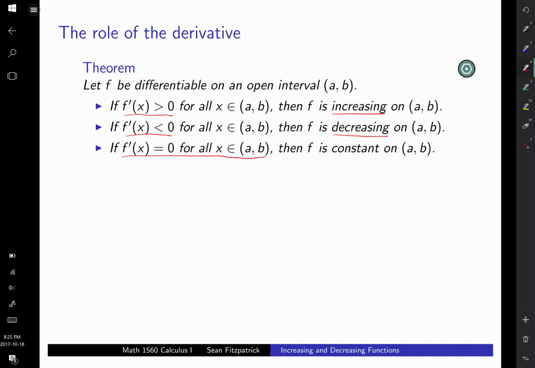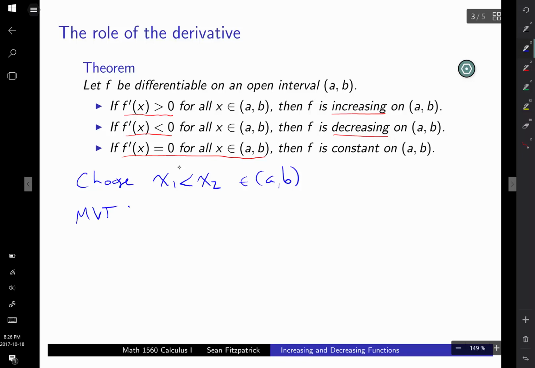And the way that we see how this result works is, well, let's look at each situation, and in particular, let's choose, say, points x1 less than x2, 2 points in a, b. Okay? And so the mean value theorem tells us that, well, if we've got a differentiable function, then it's also continuous.